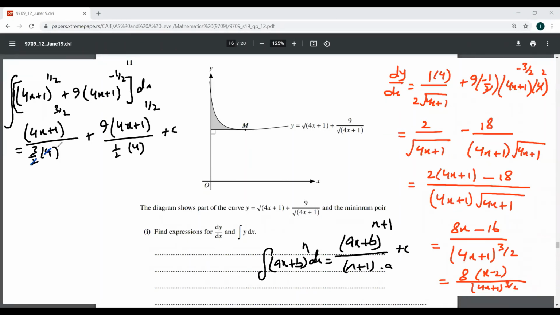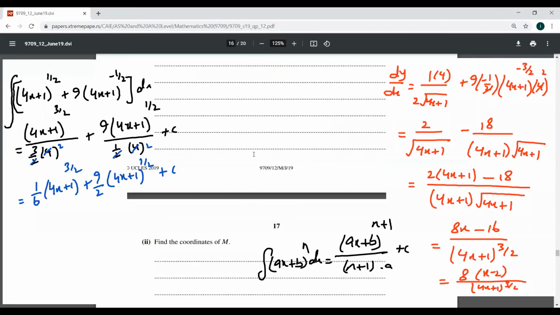This is 2 times 2, so you have 1 over 6 into 4x plus 1 raised to power 3 by 2. 2 times 2, this is 9 by 2, 4x plus 1 raised to power half. I'll just be leaving this up to it. Please keep it noted because we might need these values in the upcoming parts. Okay? So let's see what we have in the next part here.